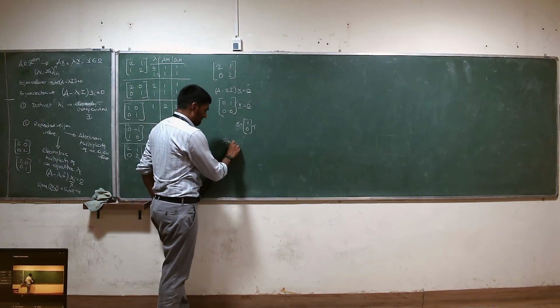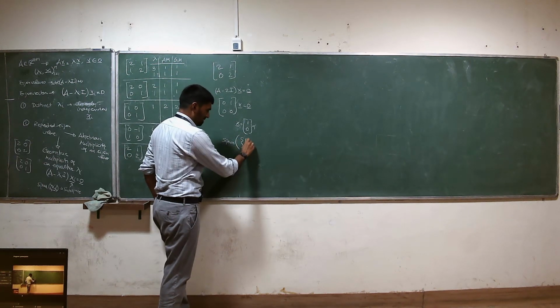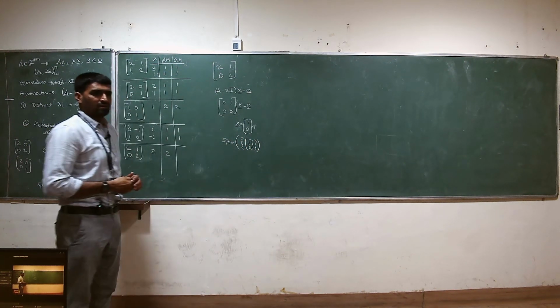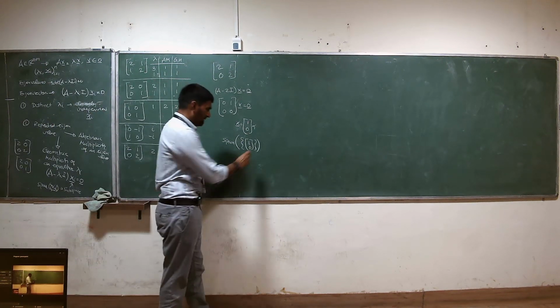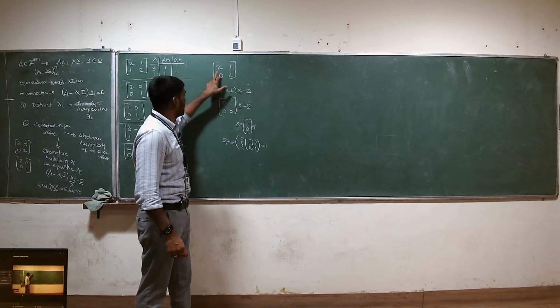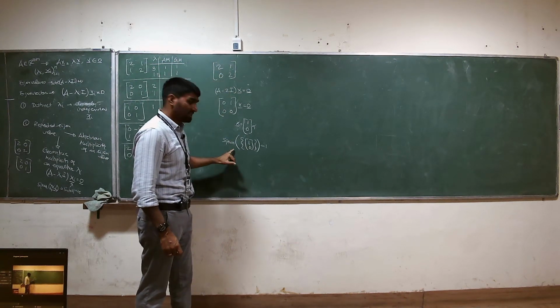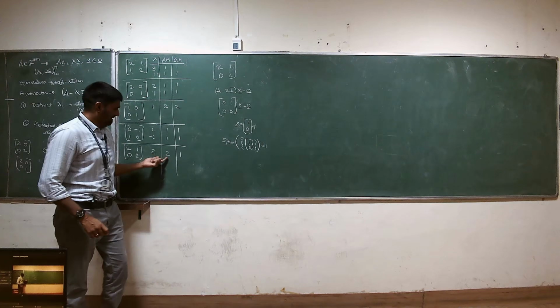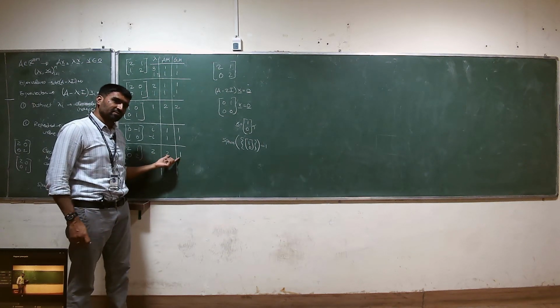What is the span of this? That's the eigenspace associated with the eigenvalue 2. And what is its geometric multiplicity? This is 1. This does not match.